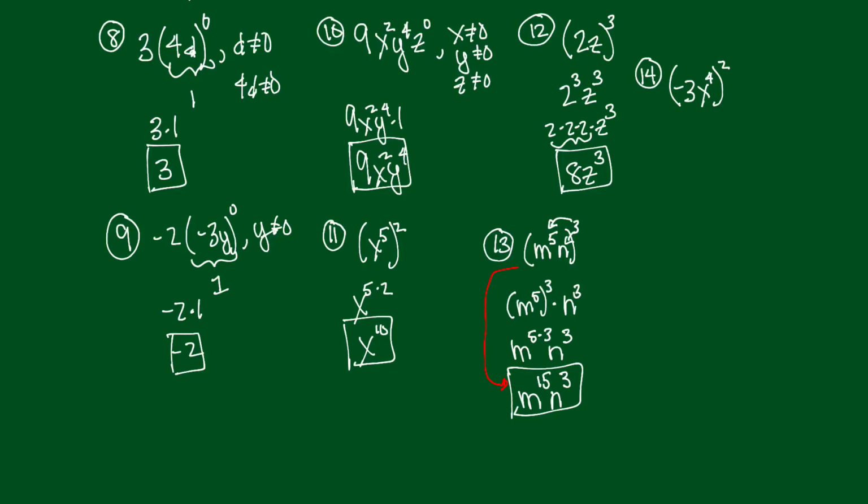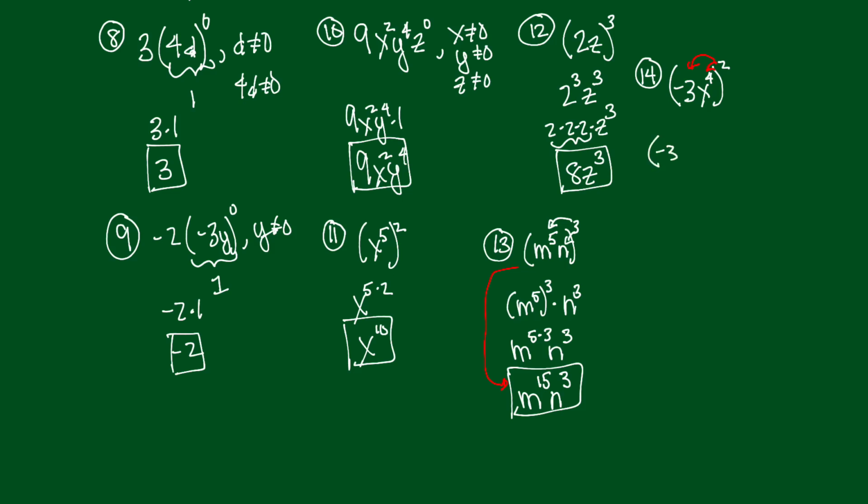In 14, look at the base. The base is a product. So I'm taking a product and raising it to a power. So I know what to do here. As long as it's a multiplication or division inside here, I can distribute the power. So I'm going to distribute that 2 over here to the negative 3 and then to that x to the 4th. If I write it all out, it's going to look like this.